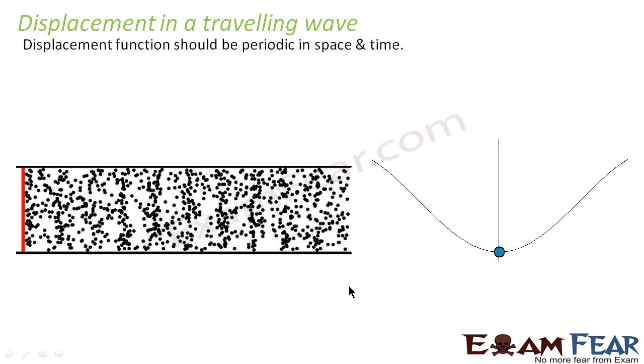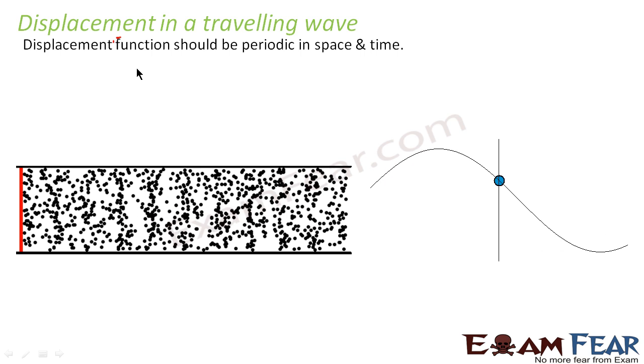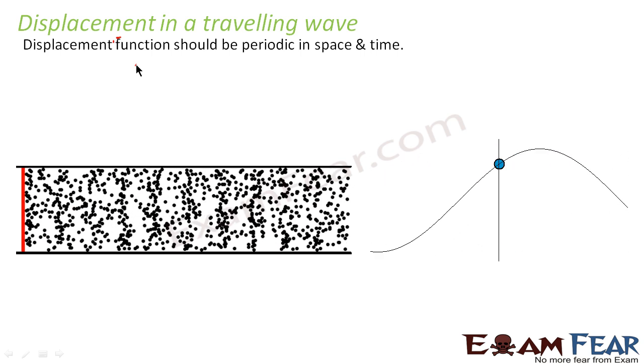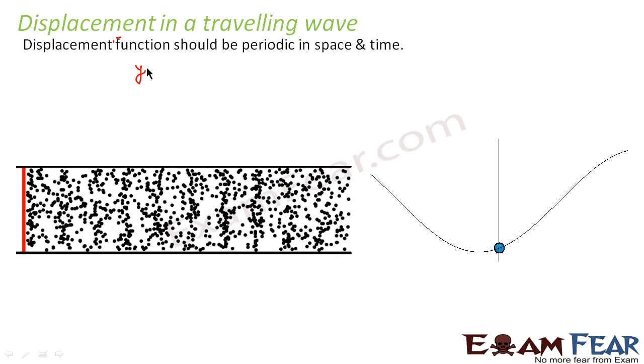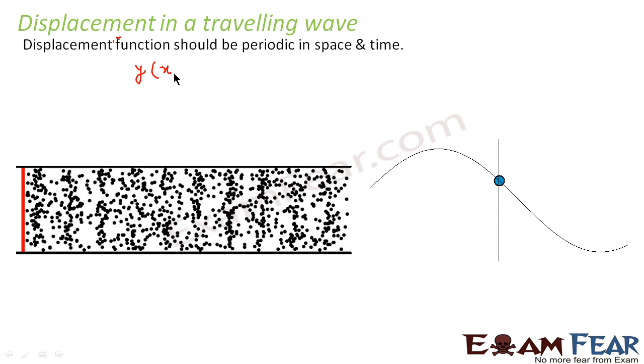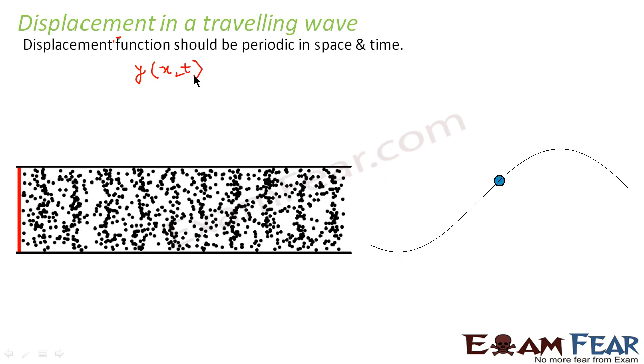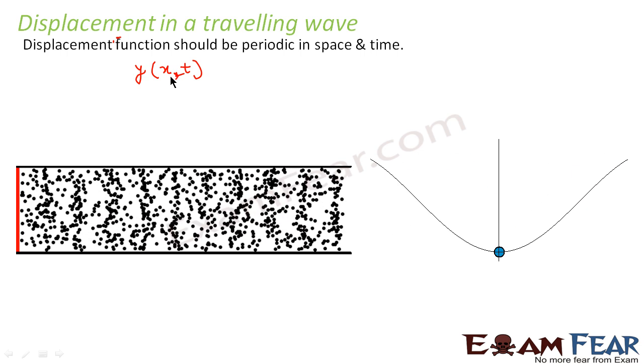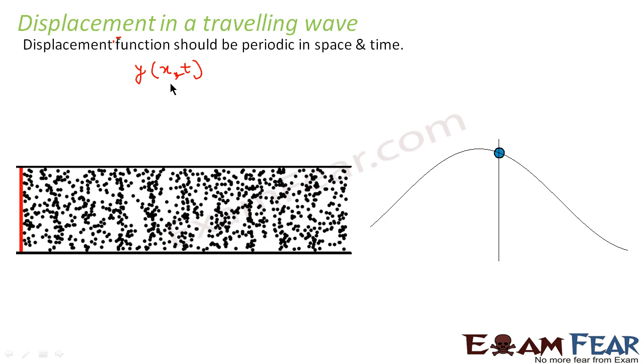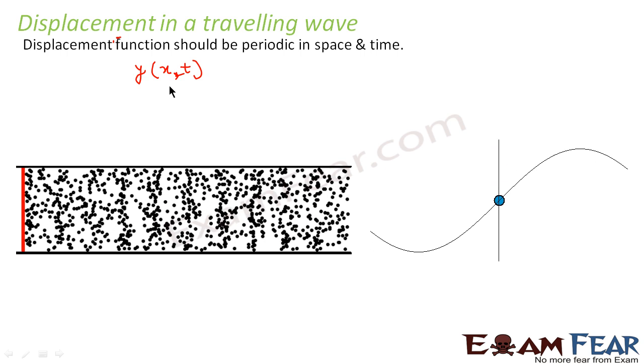Now, if you think of both the waves, a transverse as well as longitudinal, as I told, the displacement takes place along the y-axis, so we denote displacement as y, which is a function of x and t. What is x? x is nothing but the propagation of the wave along the x-axis.